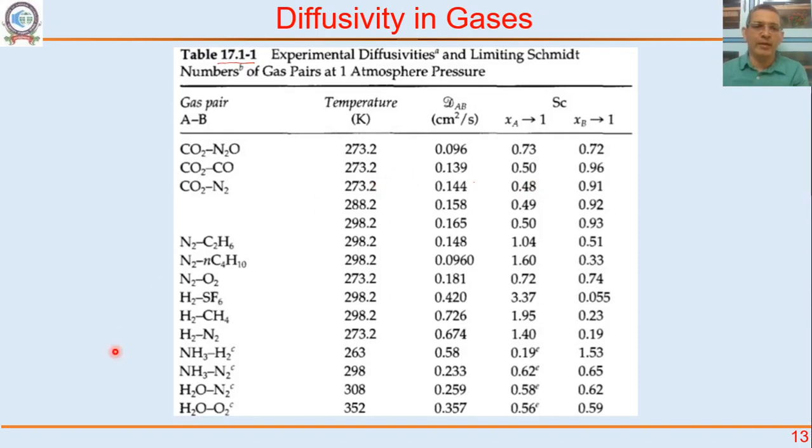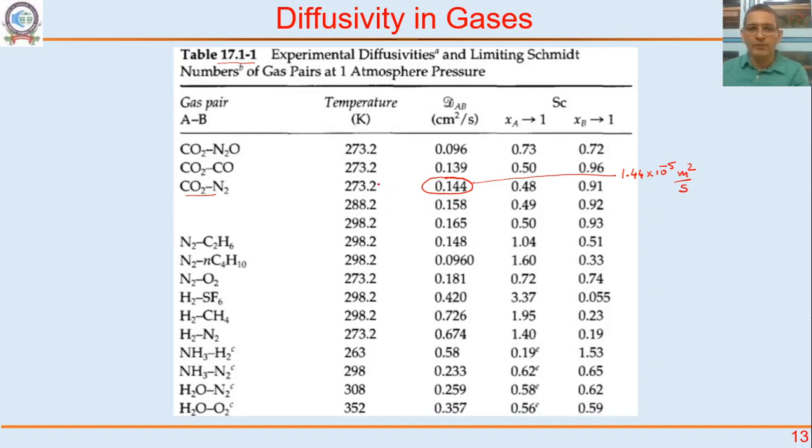A couple of things I would like to bring to your attention. First of all, let's look at this carbon dioxide diffusion in nitrogen. The value of diffusivity is 0.144 centimeters square per second. So this is like 1.44 times 10 raised to minus 5 meters square per second. Remember, we have talked about diffusivity in gases being of the order of 10 raised to minus 5 meters square per second. So this tells you the kind of values.